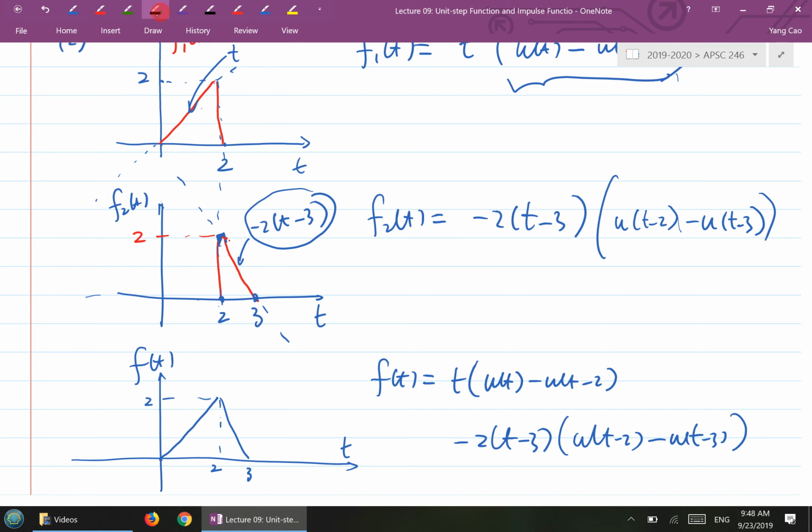In this case, I'll use a black one. I just need a cookie cutter between 2 and 3. So when you multiply this cookie cutter with the negative 2 times t minus 3, guess what? Nothing else exists except the part between 2 and 3, which is this portion here. So this times this will give you this. That makes sense?